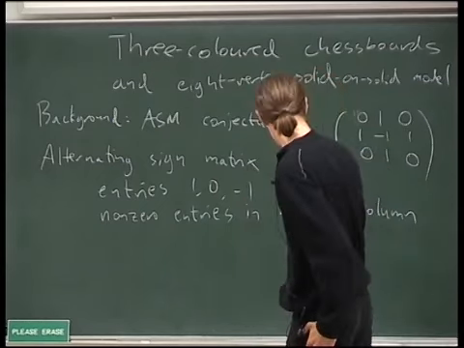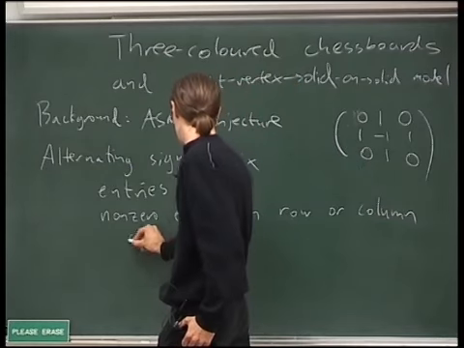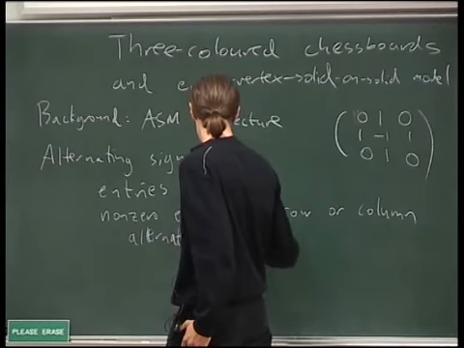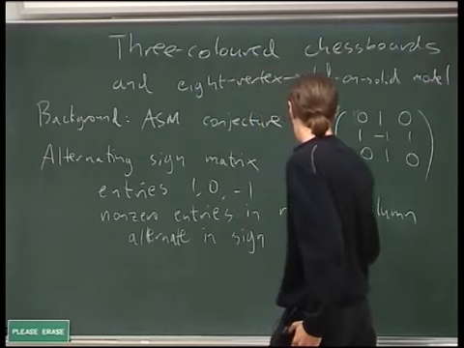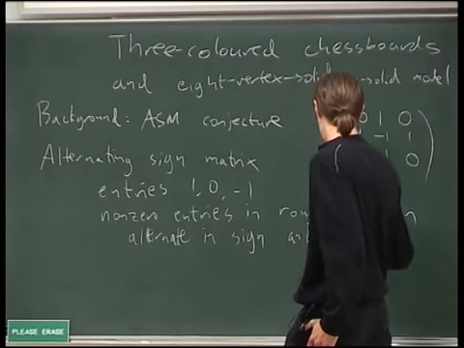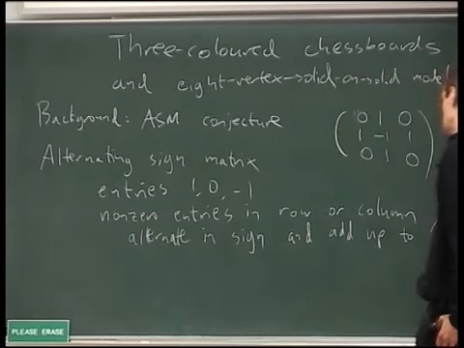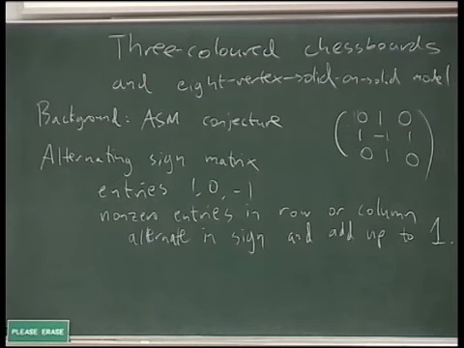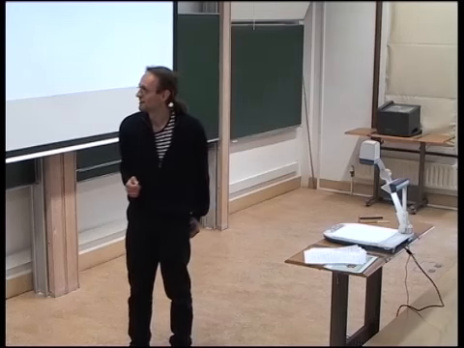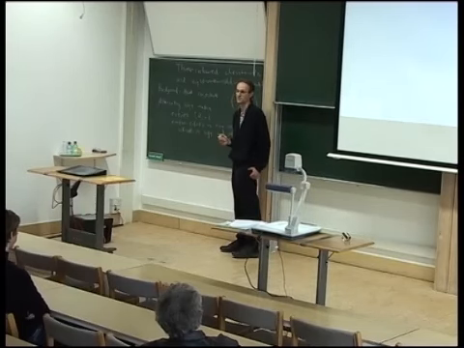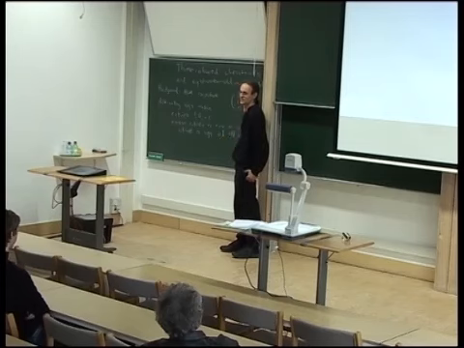Let me just write down this. So for instance, if you look at the case of 3x3 matrices, then any alternating sign matrix is either a permutation matrix or this single example.